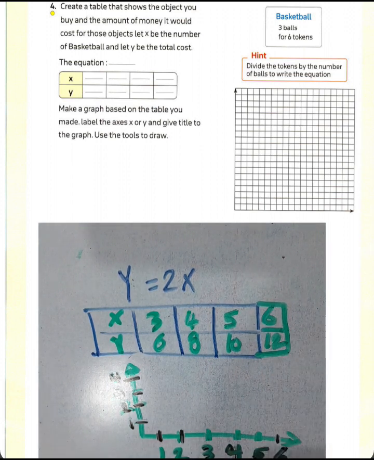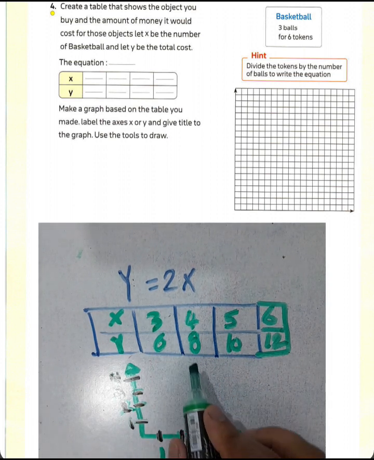Then draw the graph here, with the x-axis and y-axis, and write the points. We have 3 and 6: the image of 3 will be 6.